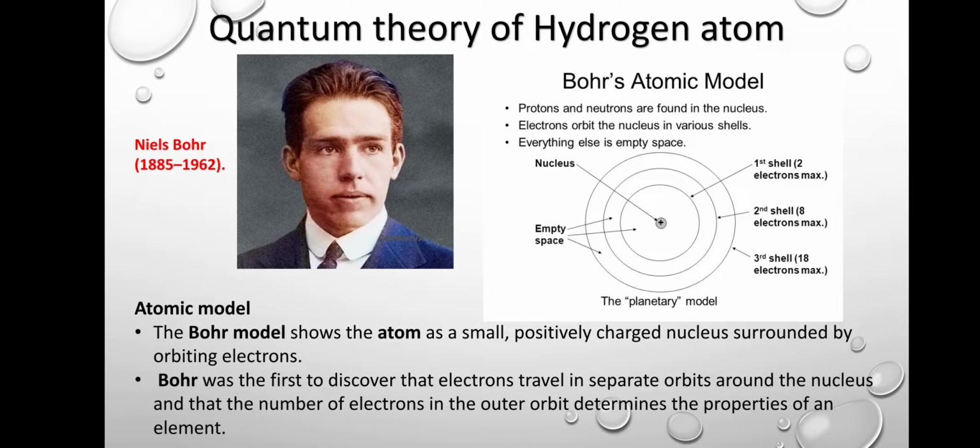Bohr was the first to discover that electrons travel in separate orbits around the nucleus and that the number of electrons in the outer orbit determines the properties of an element. So why did the alpha particles scatter that way? Because of the electrons that are present. The outer orbit determines the properties of an element, how it deflects, what it does. Understood, children? So these theories were discovered one by one.